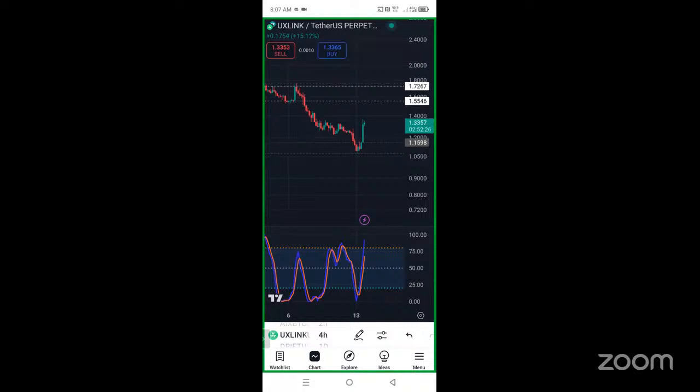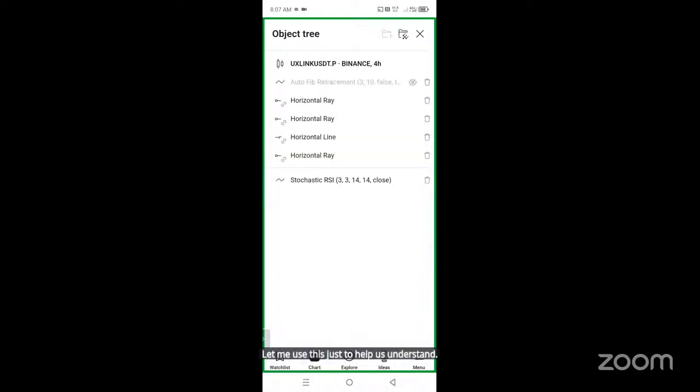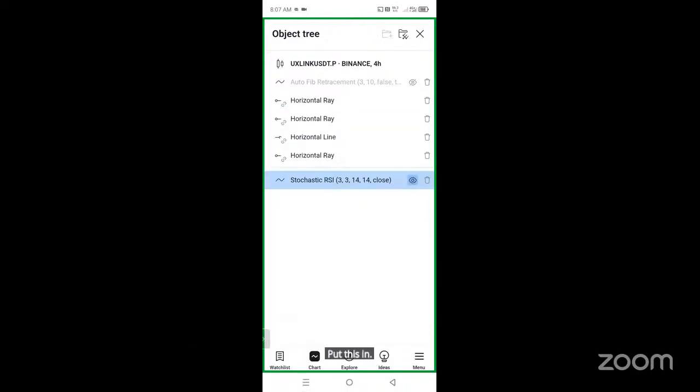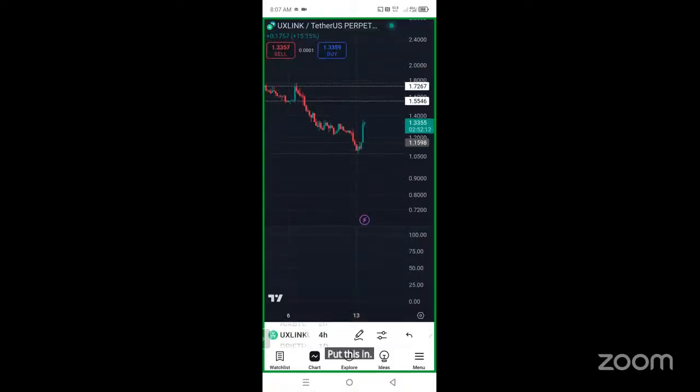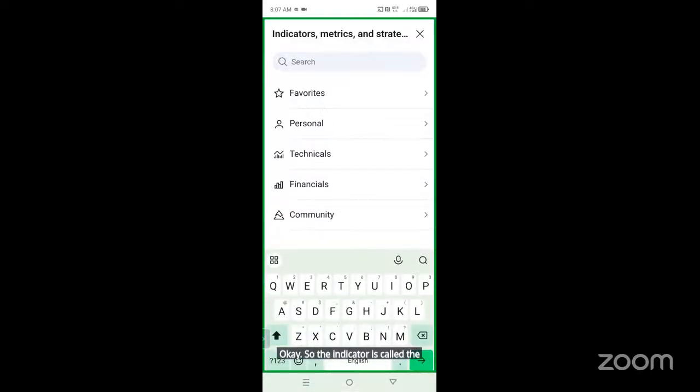Let me use this just to help us understand. Okay. So the indicator is called the Bollinger Bands.